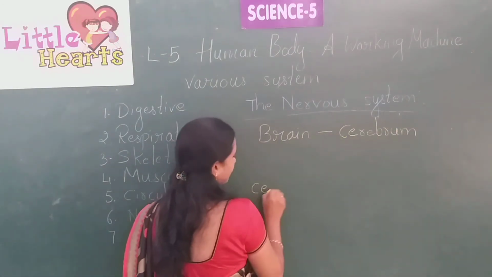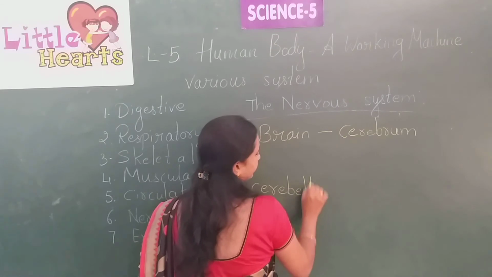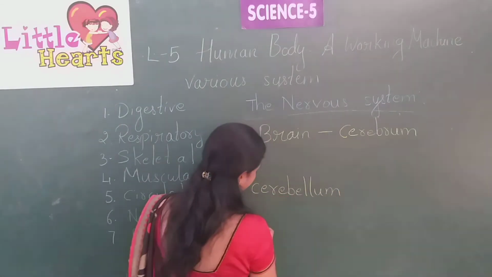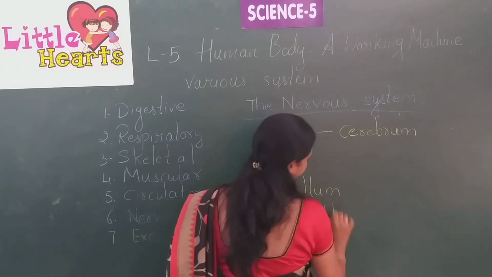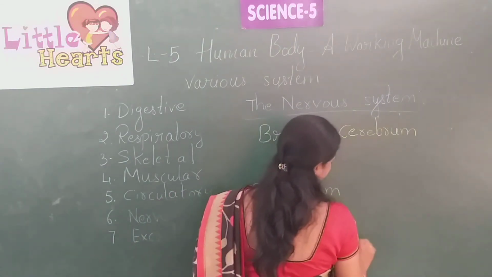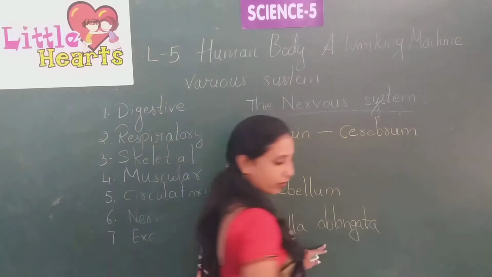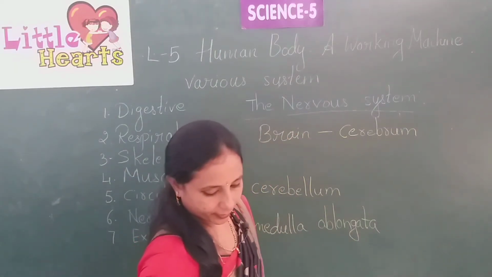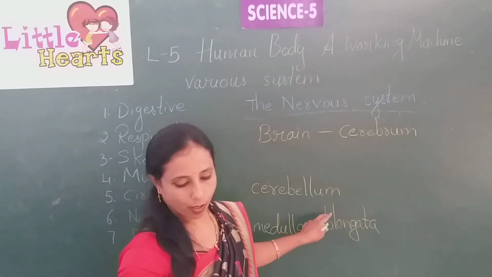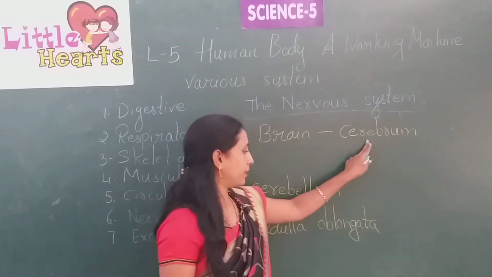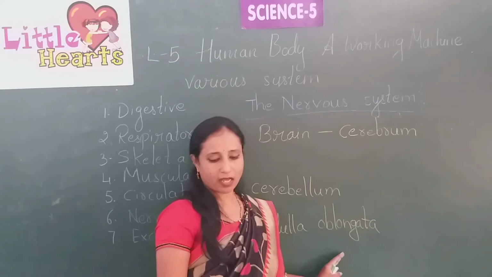Second one is cerebellum. And the third one is medulla oblongata. Okay, these are the three main parts of the brain: cerebrum, cerebellum and medulla oblongata.